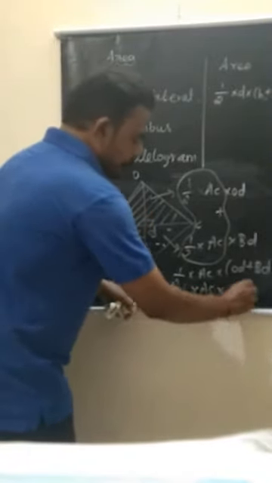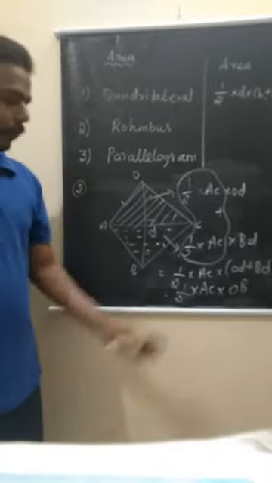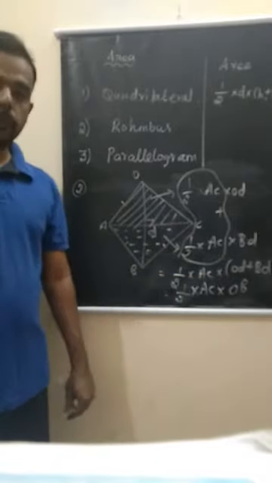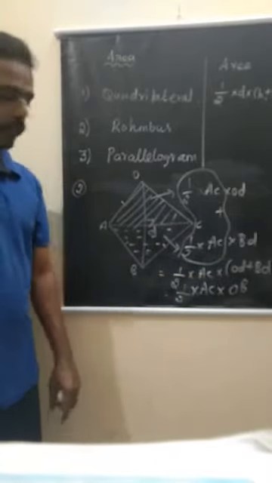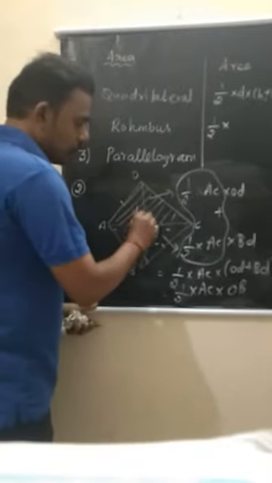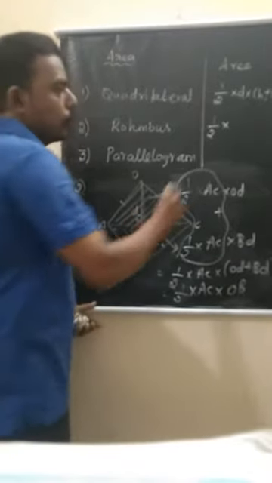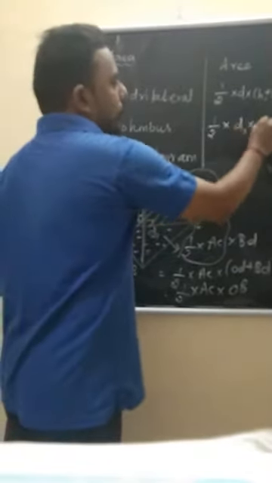Think of AC as one diagonal and OB as the other diagonal. So diagonal 1 into diagonal 2, like that we can use. The area of the rhombus is 1 by 2 into D1 into D2.